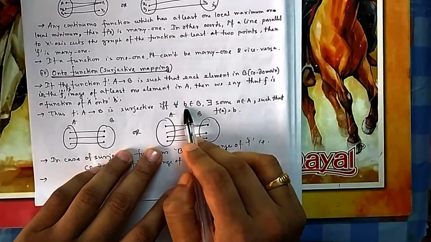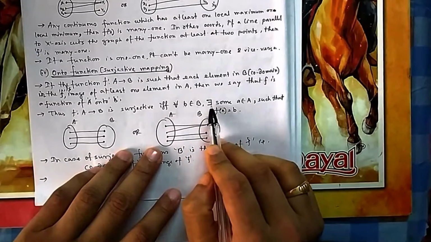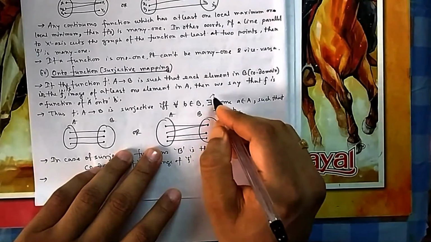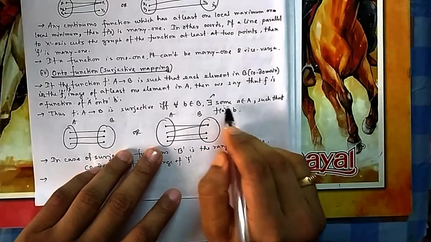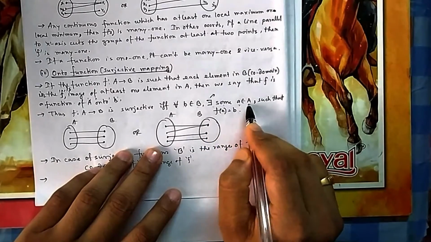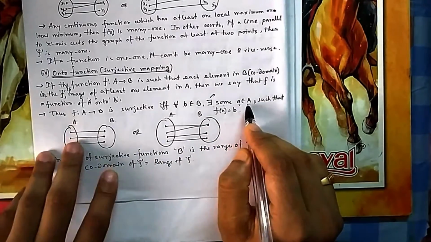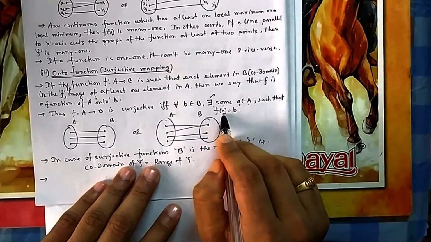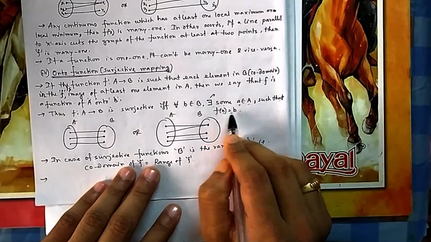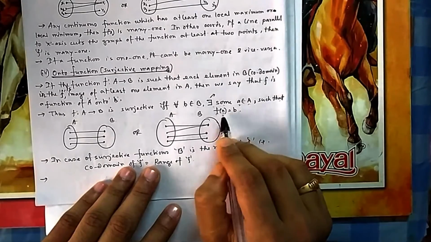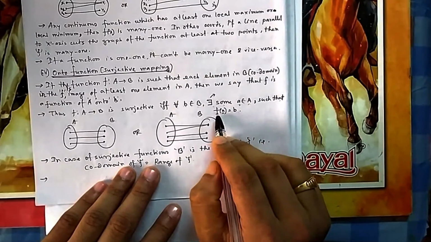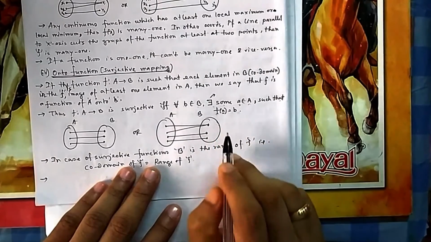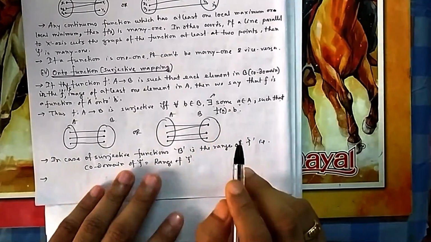So for all gods belonging to heaven, there exists some person from earth, where small a is a person and capital A is earth, such that it is connected. The man is calling the god. The function of that man is God. Buddhism of that man is the god. Hinduism of that man is the god.